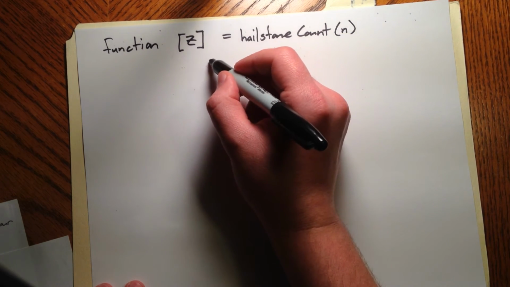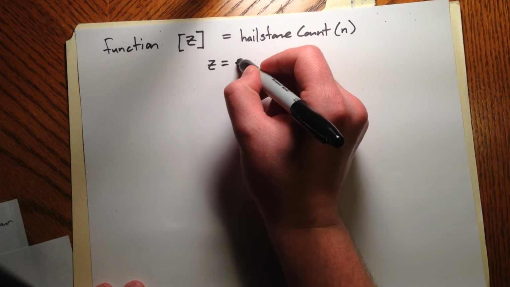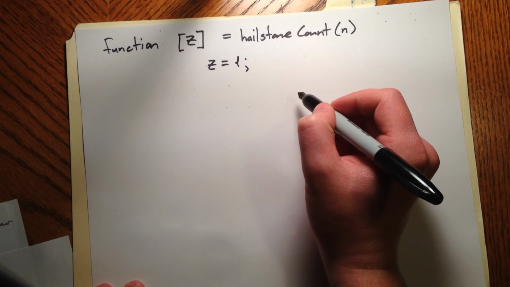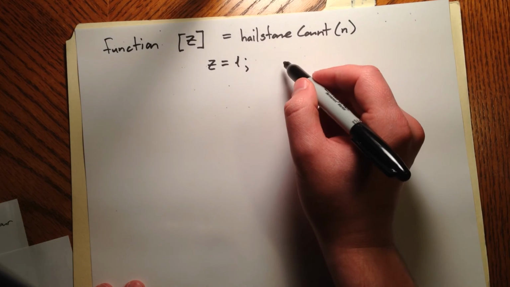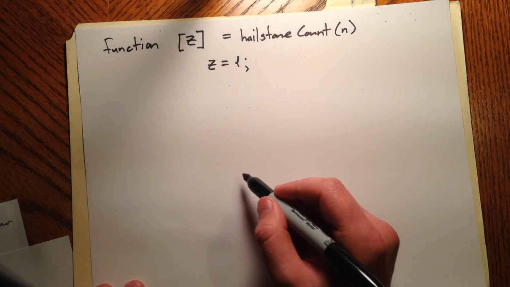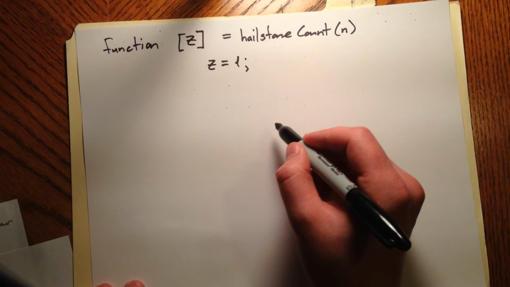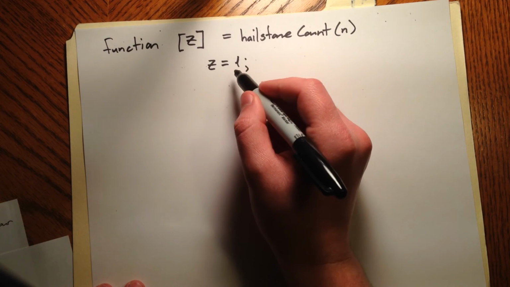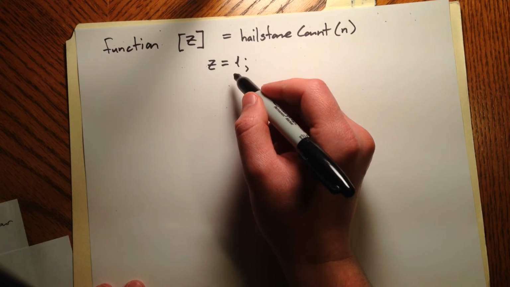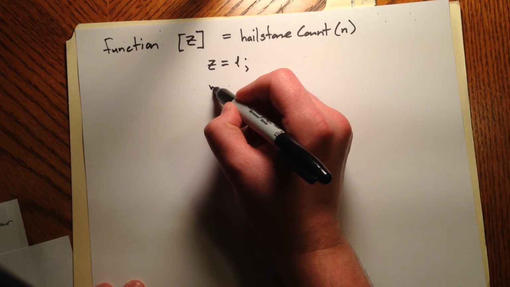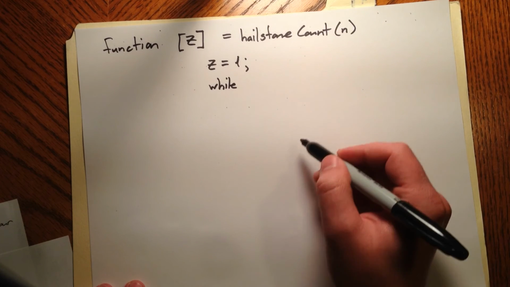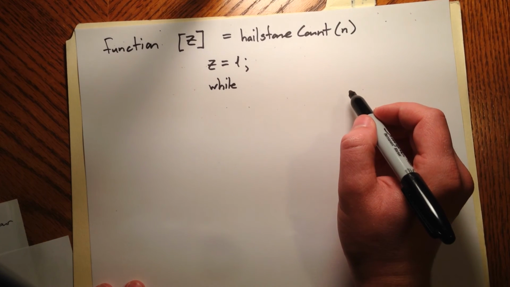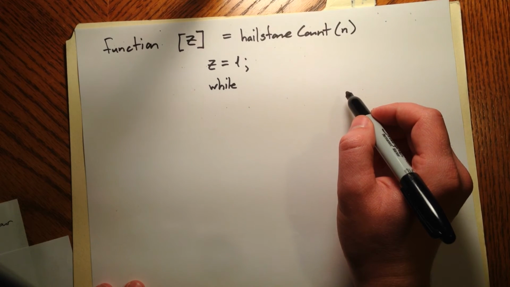So z is going to start off at 1. And we're going to need to keep doing something to count the number in its sequence, so we're going to need a while loop. The reason we need a while loop is we don't know how long the sequence is.